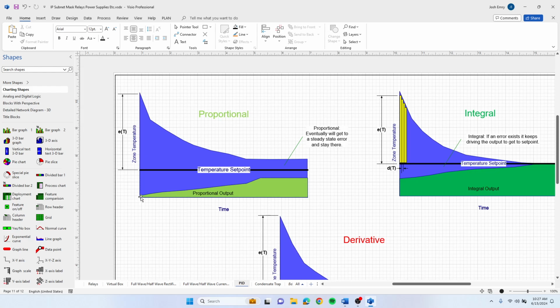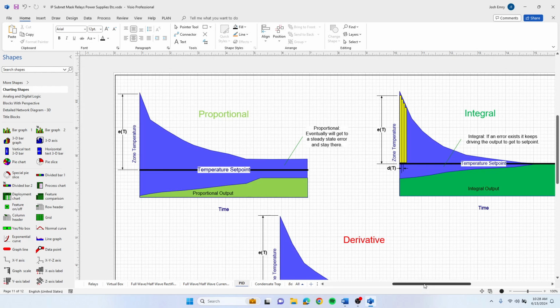Our proportional starts going up, and what it ends up doing is getting to a steady state. You can see how it comes up and then levels off. So our control output mellows out right here, and you're always going to be away from set point. You're just going to get close to it, and the controller is just going to call it good.